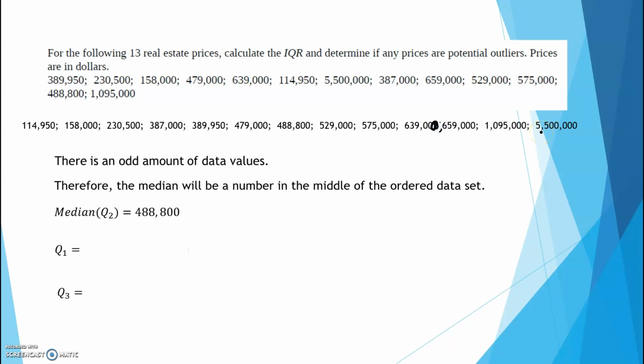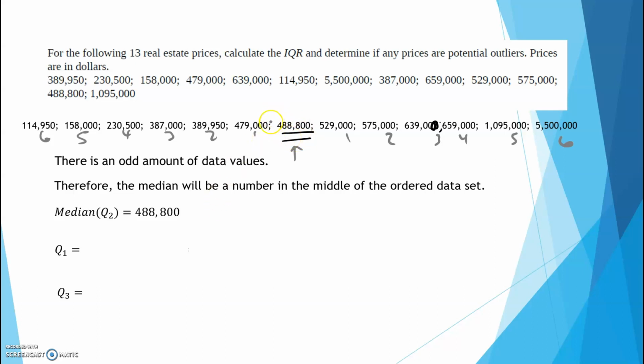Okay, and I've got 13 of them, so I need to find one number that is in the middle, which is this one right here. Notice I've got 1, 2, 3, 4, 5, 6 numbers over here, and 1, 2, 3, 4, 5, 6 numbers over there. So this number is smack in the middle. That is my median, or my Q2.